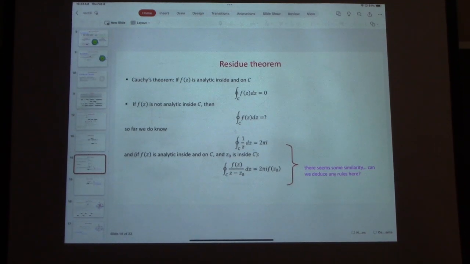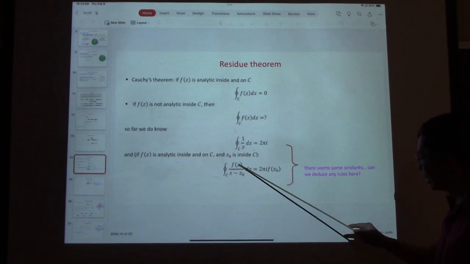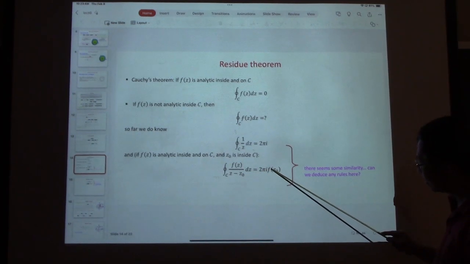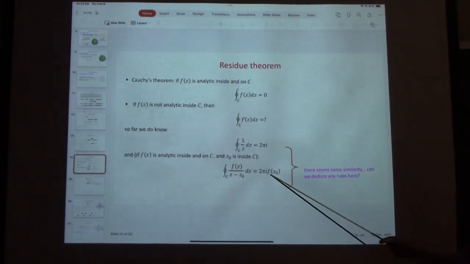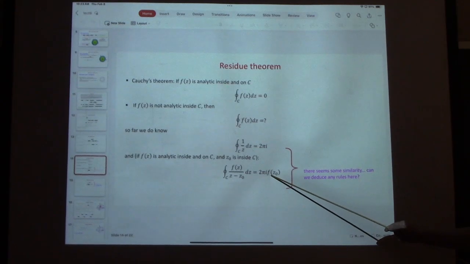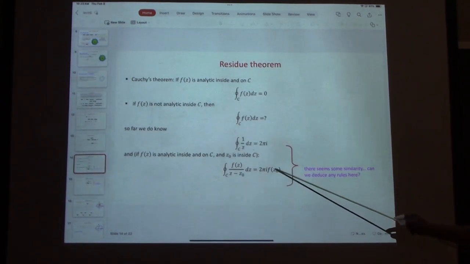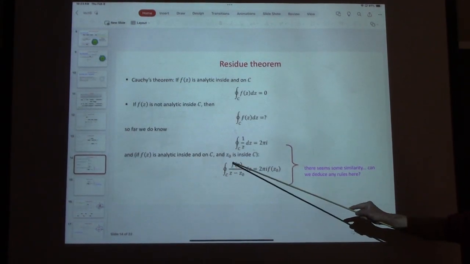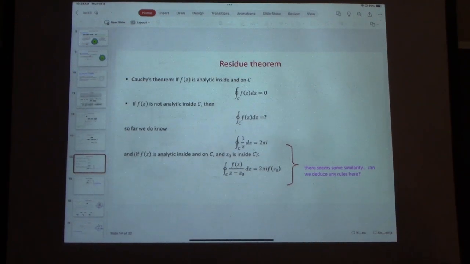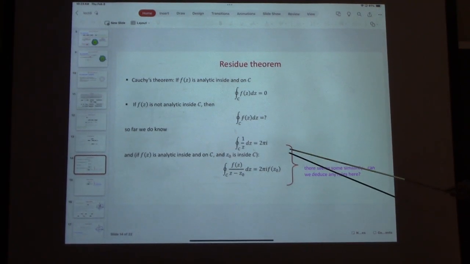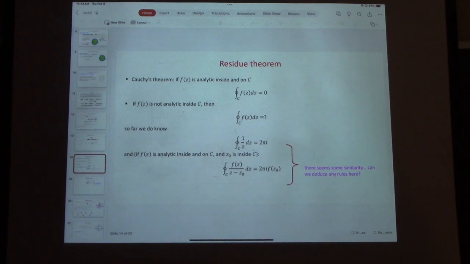And the Cauchy formula tells us if you do that, it gives you 2 pi i times the function value like this. This is from the Cauchy formula. Remember, the familiar form is f at 0 is equal to 1 over 2 pi i and then that, but move the 2 pi i to the other side. When you look at that, you start to suspect maybe we can do something if there is a pole.